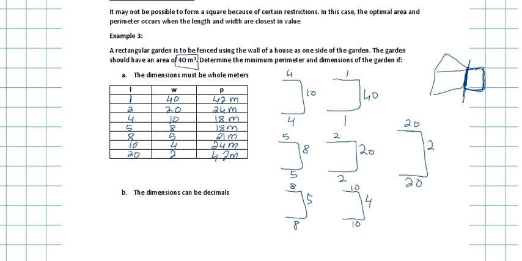So what I did right here is I actually made a table of values. I did trial and error in order to get to my solution. There is a way to do this.